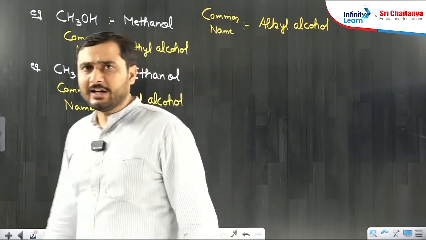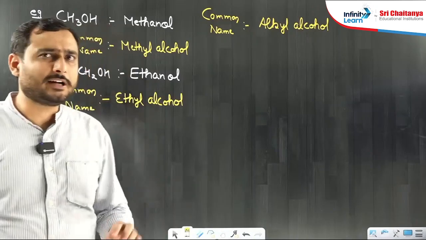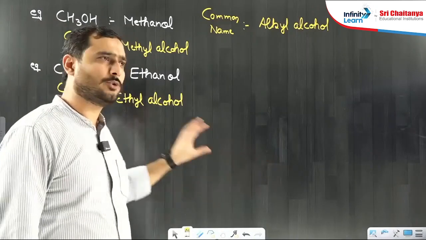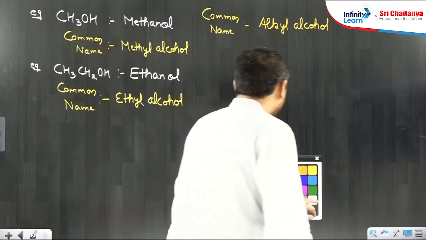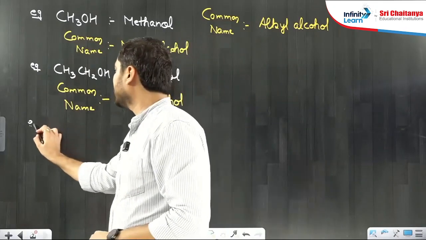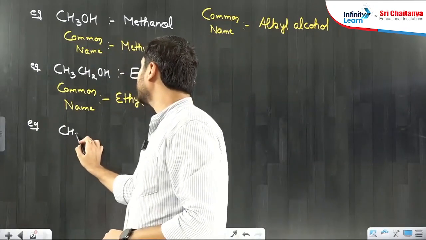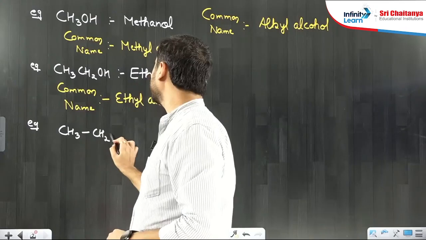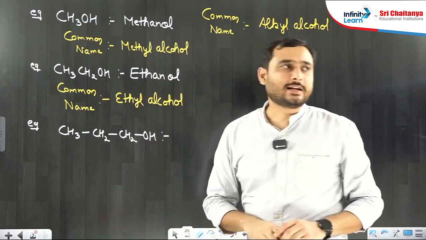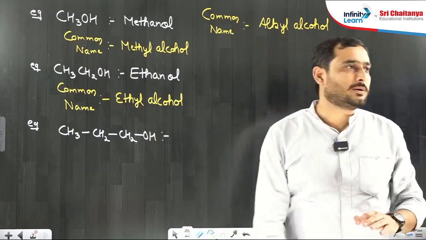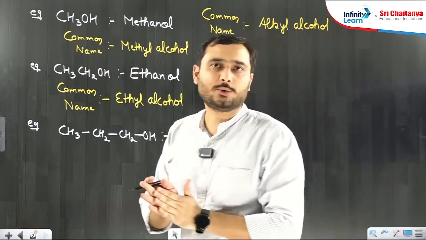First we are doing simple examples where we do not write any substituent. Only the parent chain is present, and the functional group is present. Now the next example, if we take 3 carbon atoms, CH3, CH2, CH2, OH. What is the name of this compound now? 3 carbon atoms and OH.